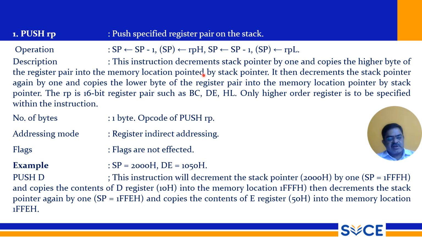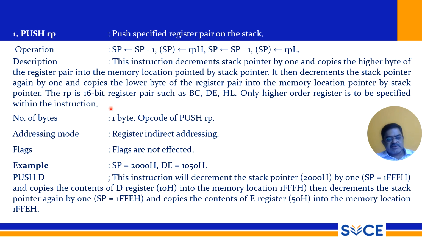This instruction decrements the stack pointer by 1 and copies the higher byte of the register pair into the memory location pointed by the stack pointer. It then decrements the stack pointer again by 1 and copies the lower byte of the register pair into the memory location pointed by the stack pointer.